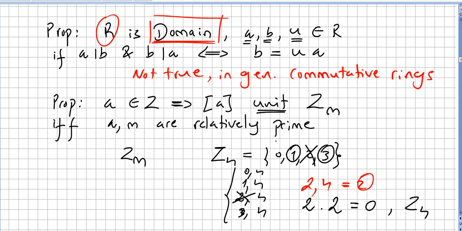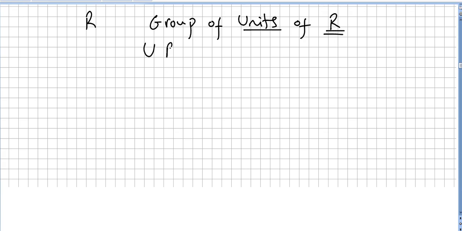So if we have R a commutative ring, okay, the group of units, I'm not saying the set, I'm saying the group of units of R. Of course, when you say unit, you always have to say in which ring, is U(R).